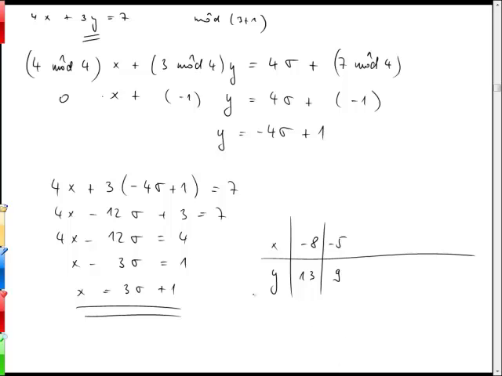Then I always have that the sum does not change. Then the next is here minus 2, 1, 4, 7, and so on. And y is always 4 less. And so on. So these are the satisfying solutions.